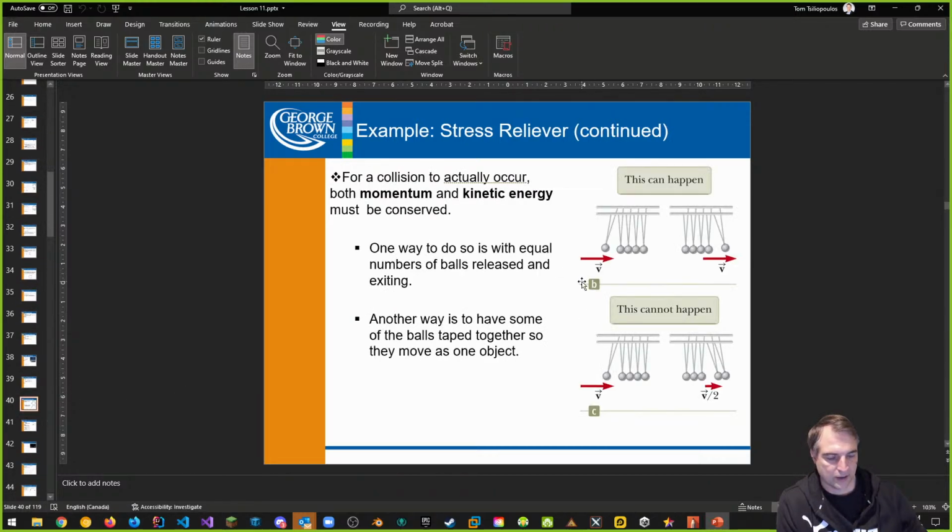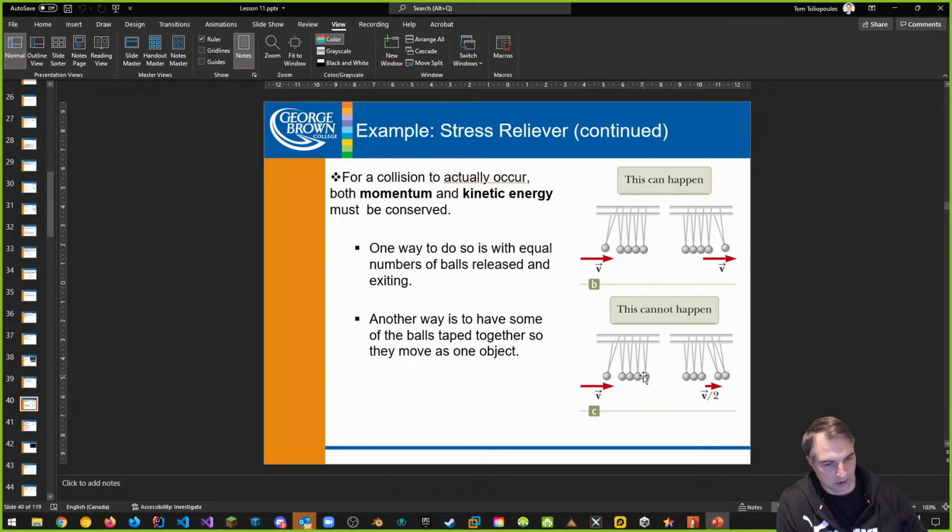So here's the analysis. This can happen where we have a velocity that hits this ball, the energy gets transferred to the last ball, and the last ball comes up. But this can't happen because we would need to move two masses with the same amount of mass.